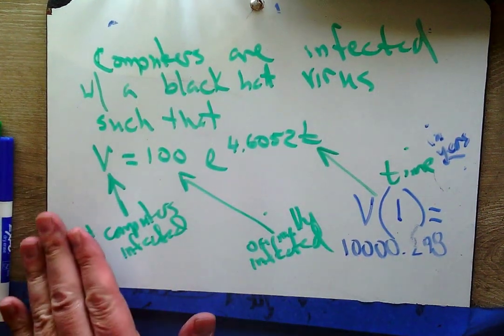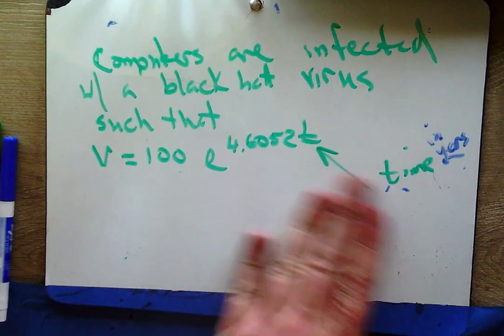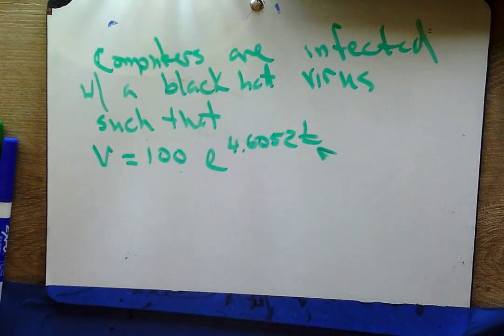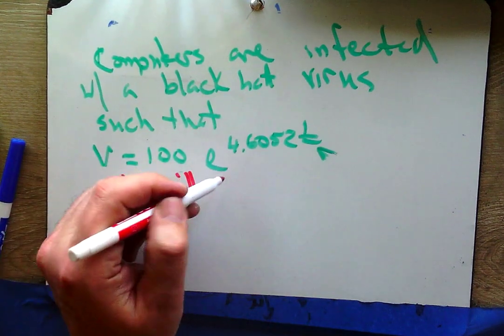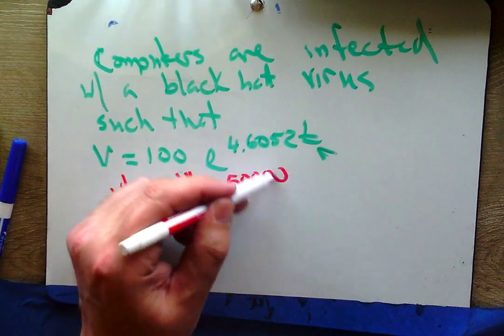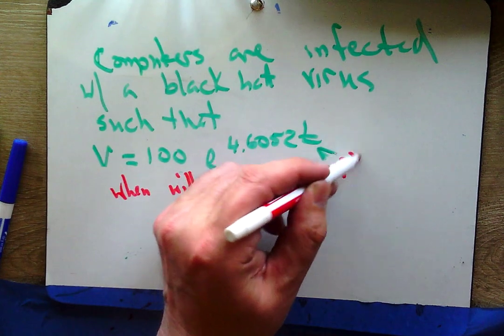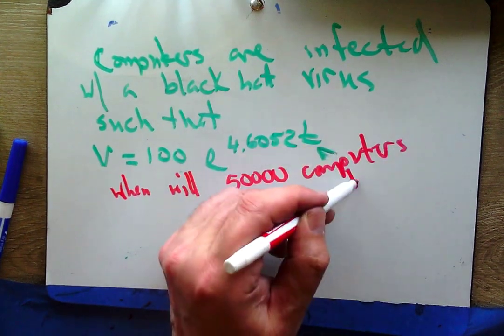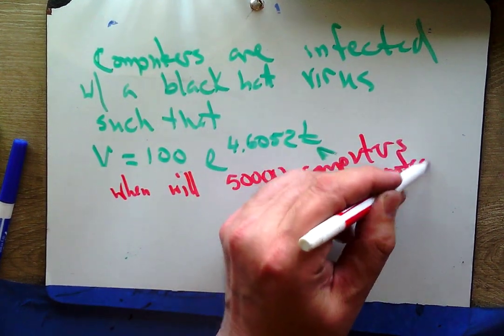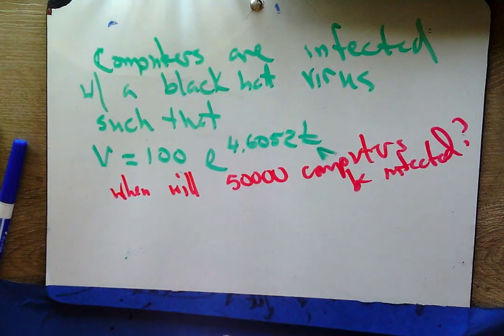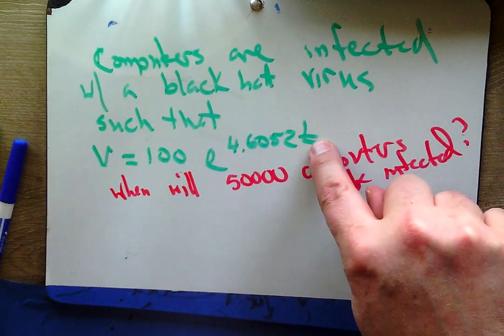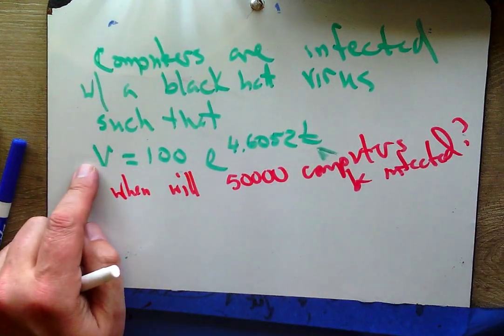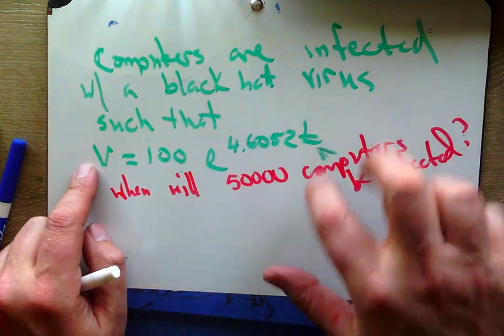Can you tell me when 50,000 computers will be infected? Okay. So where does this number go? Does it go in here for time? Does it go in here for number of computers infected with the virus?